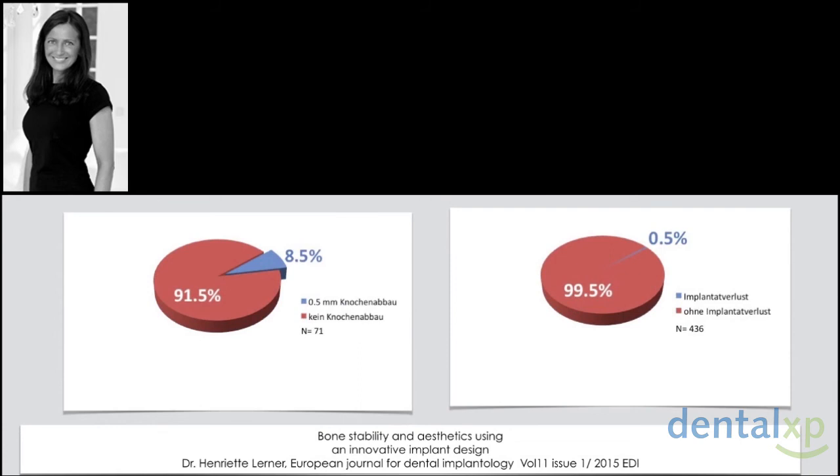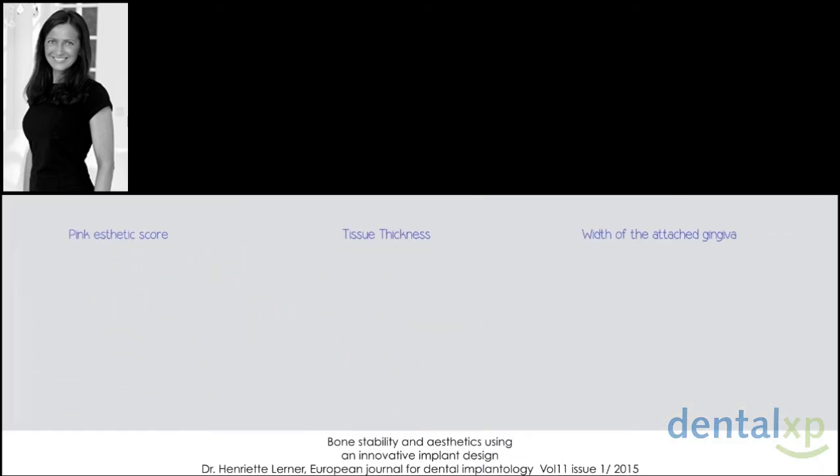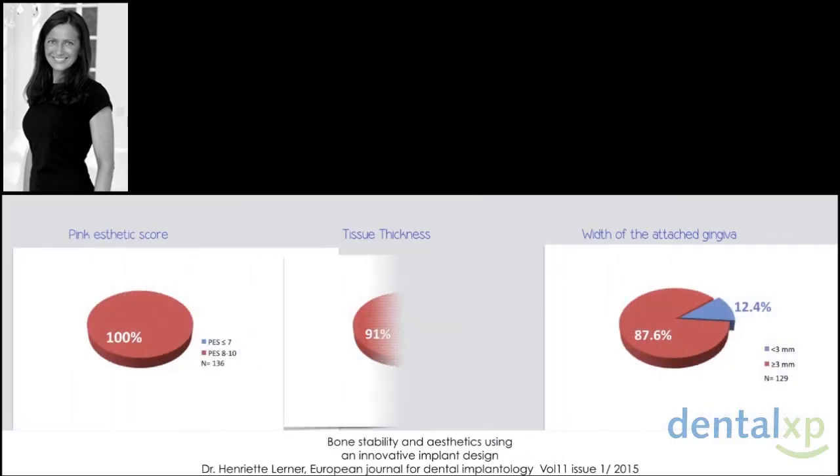Now, all these cases concluded showed me 0.5 millimeter bone loss in 90% of the cases using the implant design, position, tissue thickening, bone grafting in the manner that we talked before, a high success rate of stability, a high pink aesthetic score between 8 and 10, tissue thickness more than 1 in 90% of the cases, and the width of the attached gingiva more than 3 in almost 90% of the cases.